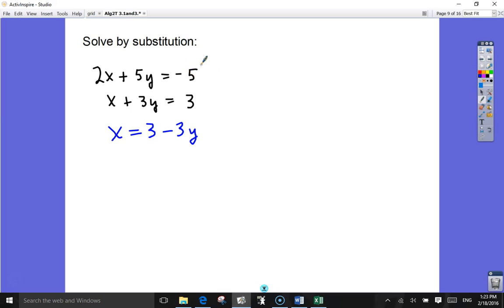Don't substitute into the same place that you just took it from. That's not good. Substitute it for the x in the other equation there. So that'll look like this: 2 times (3 minus 3y) plus 5y equals -5.